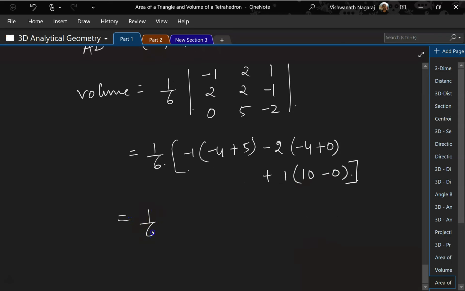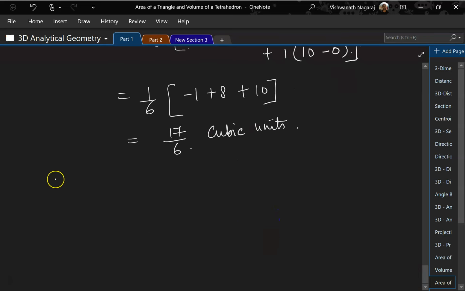That is equal to 1 by 6 times: 5 minus 4 is 1, so minus 1, plus 8, plus 10, which is 17. So the volume is 17 by 6. This is not going to be square, it will be cubic units.